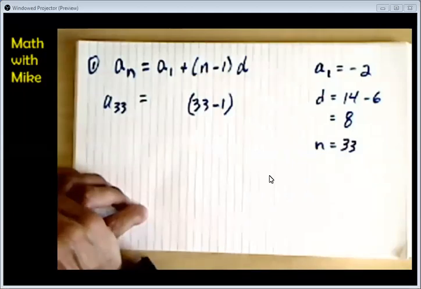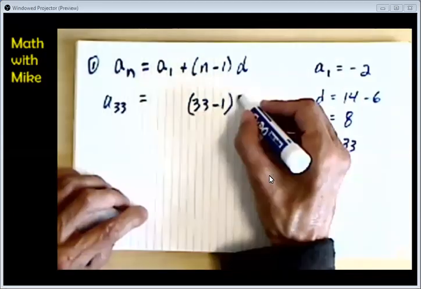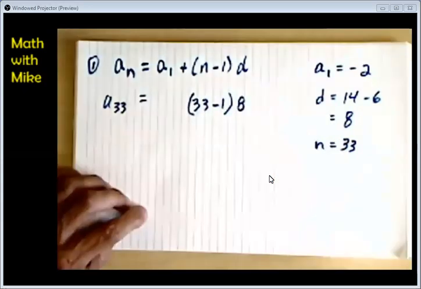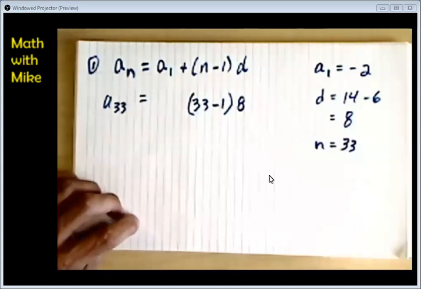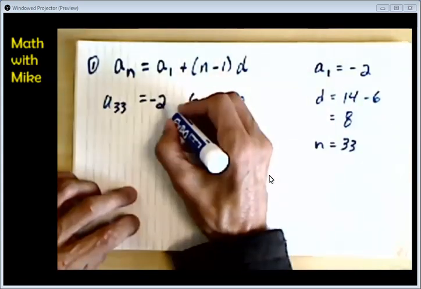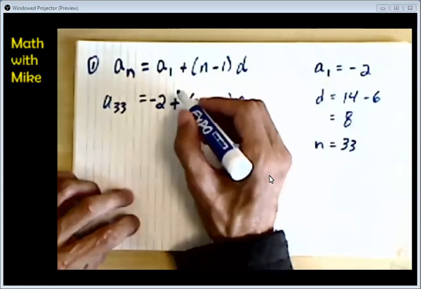The D is 8. Normally I put in brackets around there if it's a negative number, but that's okay as it is. And then A1 is minus 2 with the add in between.